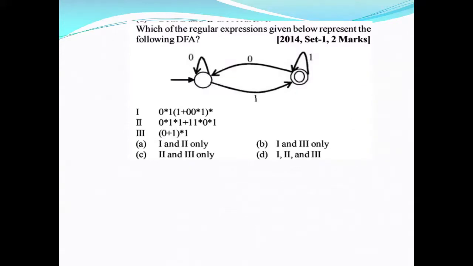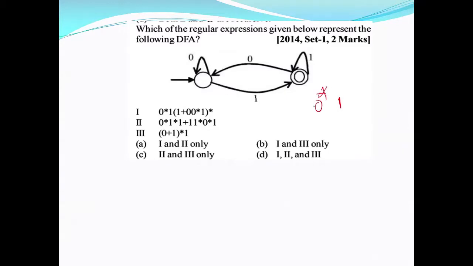Which of the regular expressions given below represent the following DFA? So look at the DFA. To reach the final state, I require 1. So I require at least 1. And before that, you can have 0, any number of zeros.